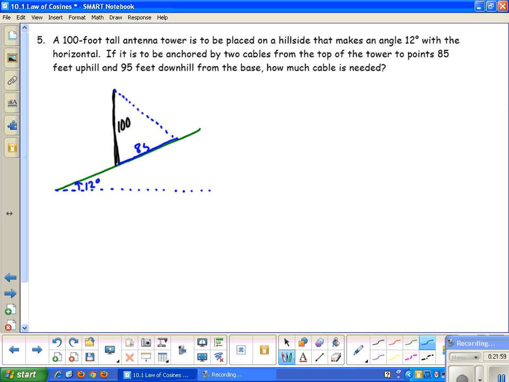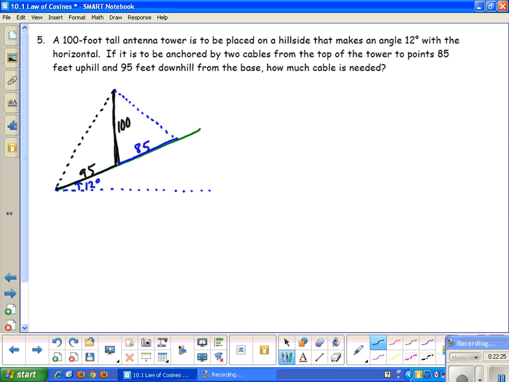So this is 85 feet uphill. And then downhill, which would be this length right here, is going to be 95 feet. Now we want to figure out how much cable is needed. So we need to figure out this length here for the cable and the length at the top for the cable.